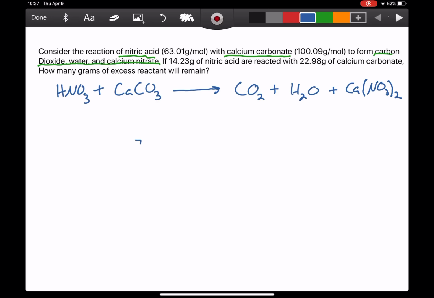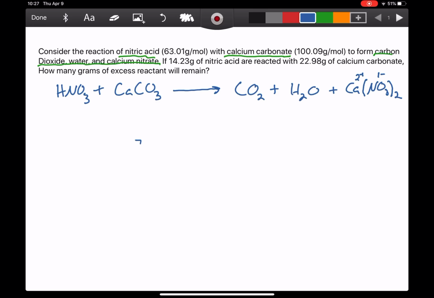Now, since calcium forms a 2 plus cation, and if you remember from learning about polyatomic ions, nitrate is a 1 minus anion, so we need two of them to balance the charge for the calcium. I'm not going to show you how to balance this chemical equation in this video.